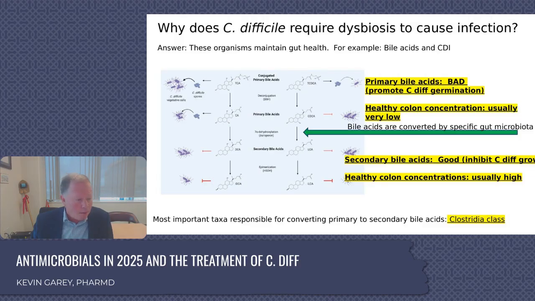And the reason why that's important for C. diff is primary bile acids actually promote the germination of C. diff spores. So if you have a high amount of primary bile acids, you'll promote C. diff spore germination. And secondary bile acids actually inhibit C. diff growth. So secondary bile acids are good, primary bile acids are bad, and that conversion is caused by a certain component of the microbiome.